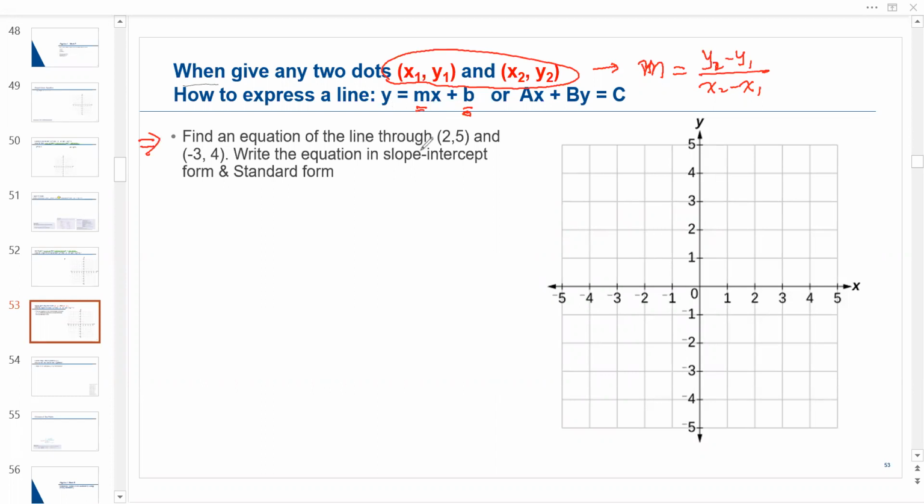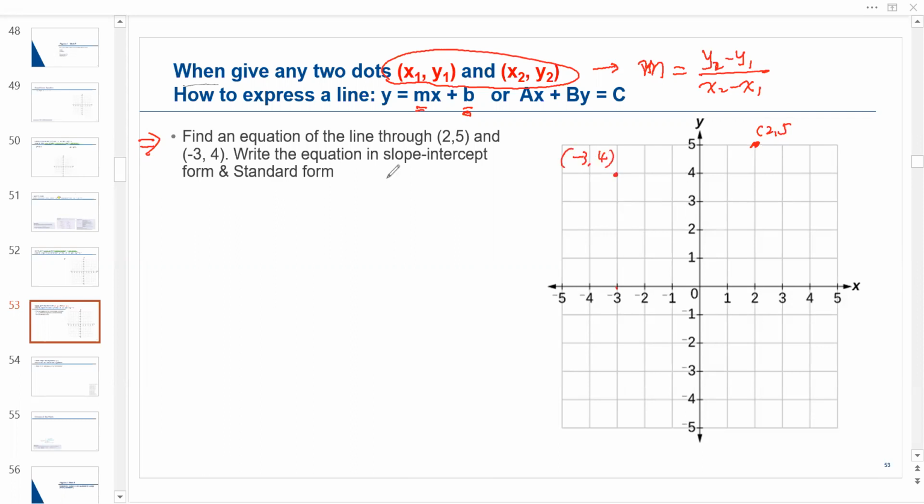Find an equation of the linear line through this dot, (2, 5). It passes through this dot, and let's also pass through (-3, 4).